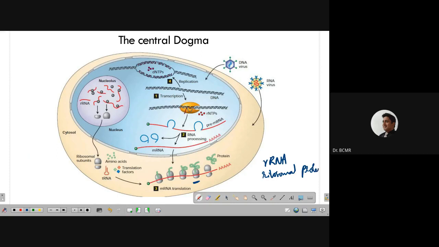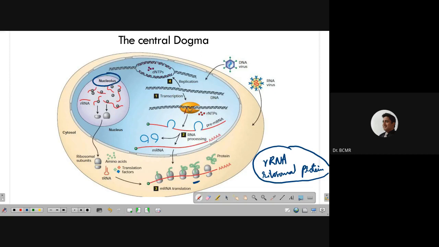Let's just review what we are learning about, where these events happen within the cell. We will take the example of ribosomes. Ribosomes consist of rRNA and ribosomal proteins. And where are they organized? They are organized in the nucleolus, right?